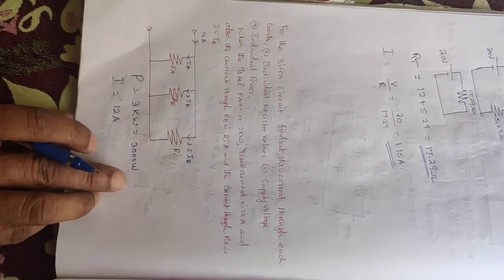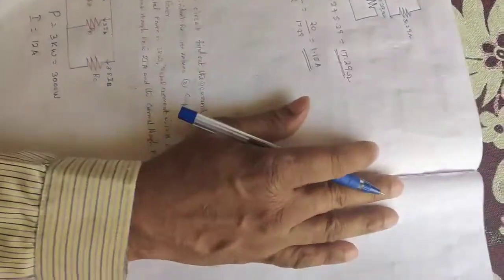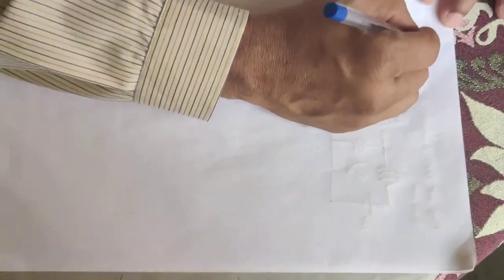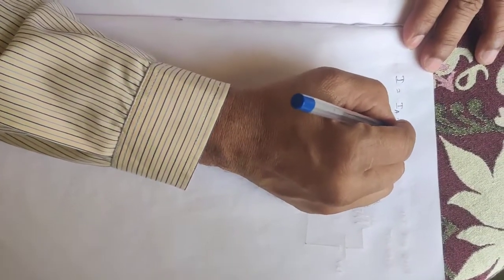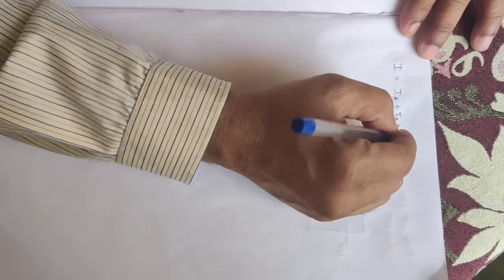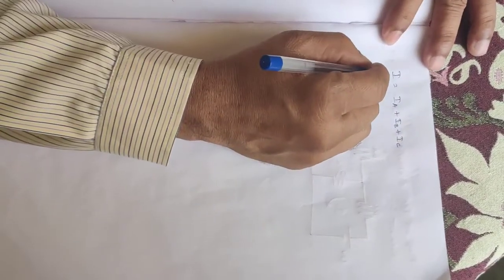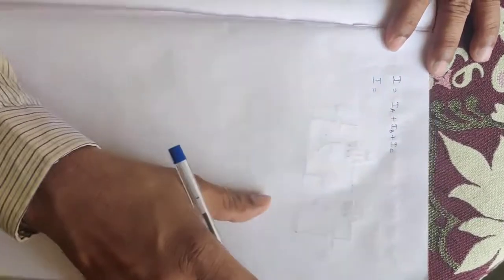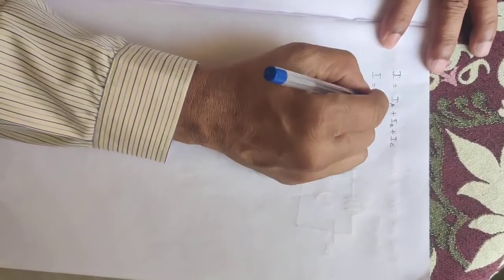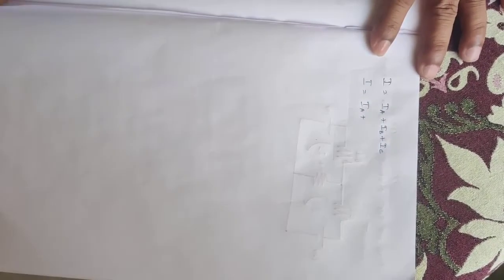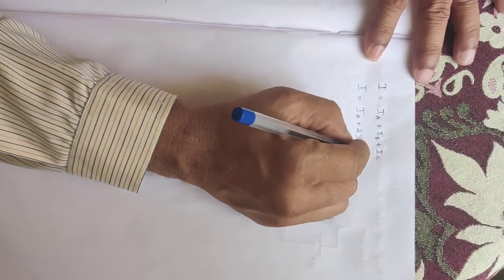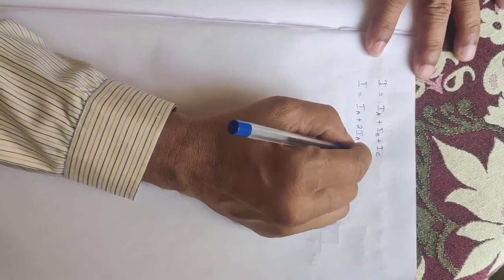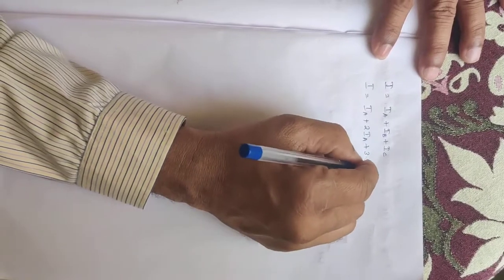Now in a parallel circuit, as we are all very familiar, the total current I should be equal to IA plus IB plus IC, the three currents. Now I should be IA plus IB, and the condition given is IB is 2 times IA. I am replacing it, so 2 times IA plus IC, which should be 3.5 times IB.